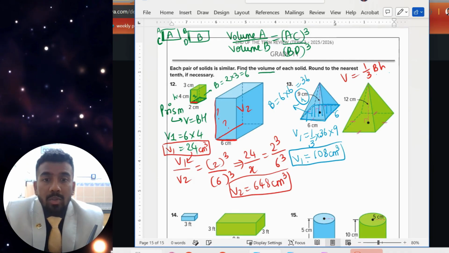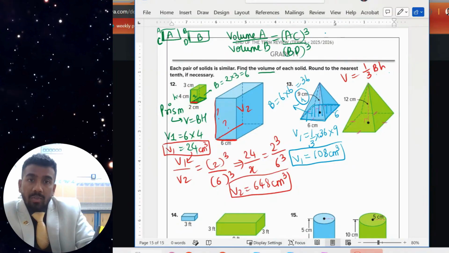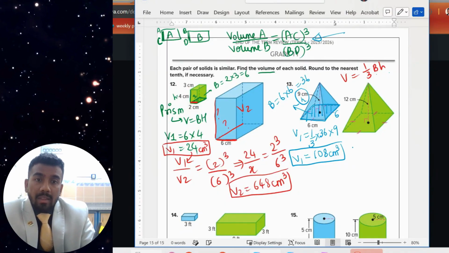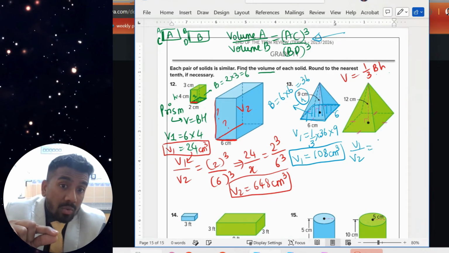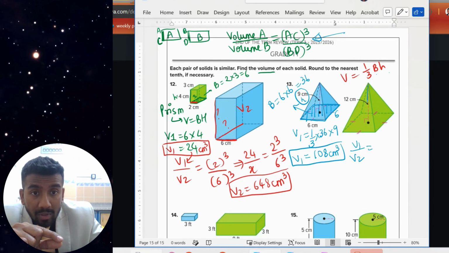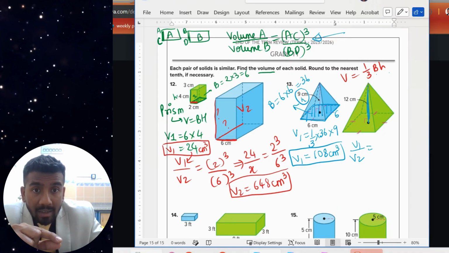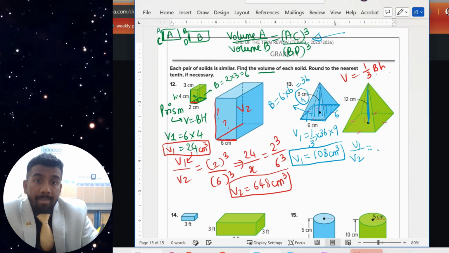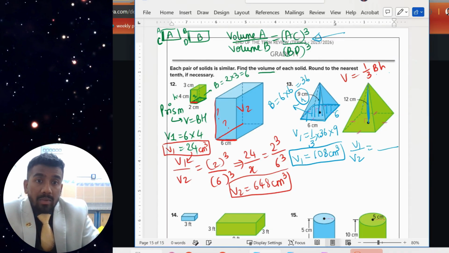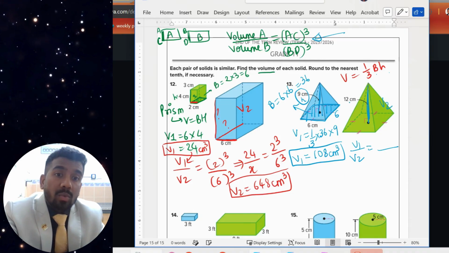Once you know V1, let's use this formula. V1 over V2 equals the side which you know. Now look at which side you know for this one, the height. So we have to take the same corresponding height here. This is V2, and its height is 12.